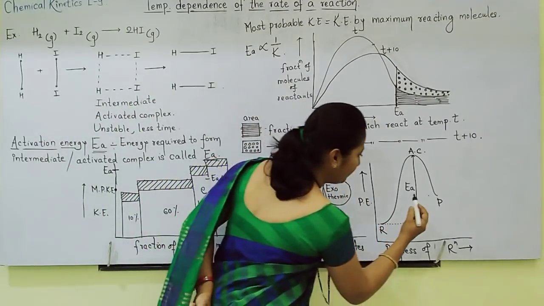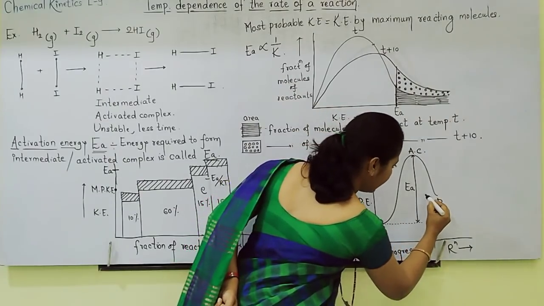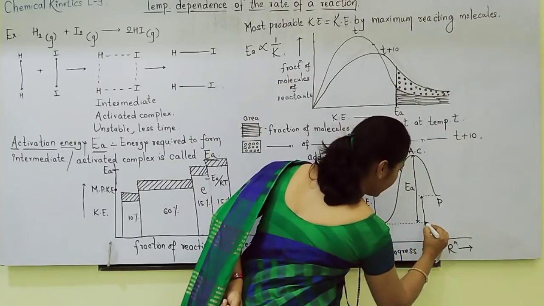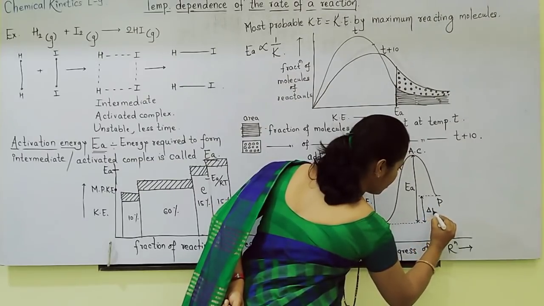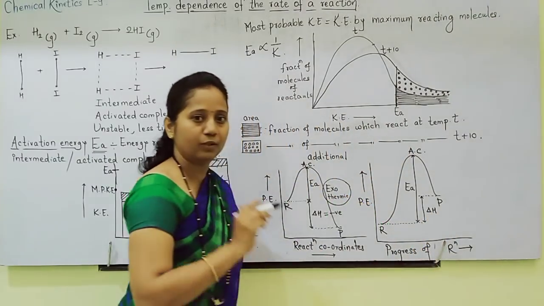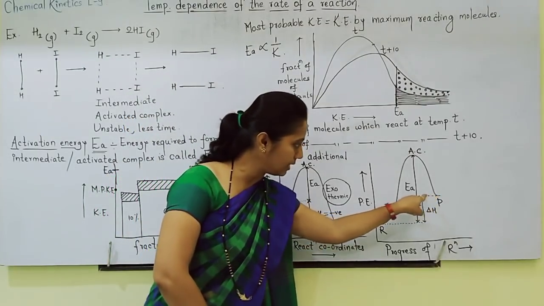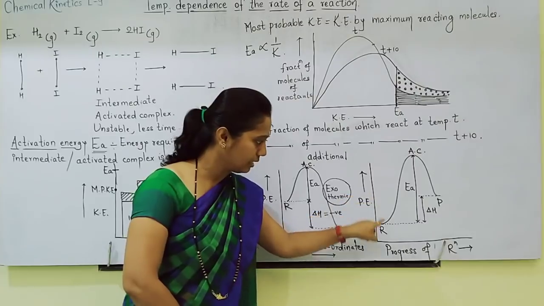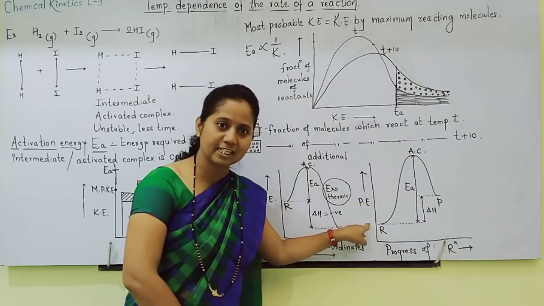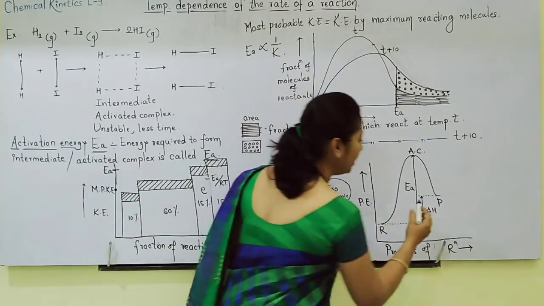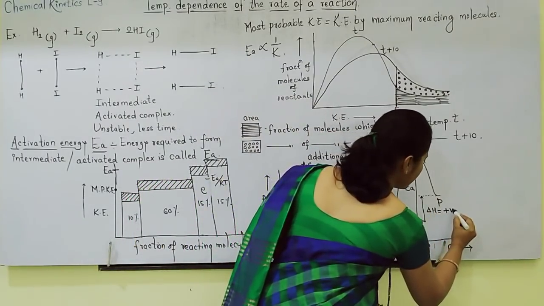Let us see that side. Reactants and these are the products, and this difference is called as delta H. Delta H how to calculate? Enthalpy of products minus reactants. Here products potential energy is more. Reactants potential energy is less. Products minus reactant, more minus less. Answer will be delta H becomes positive.